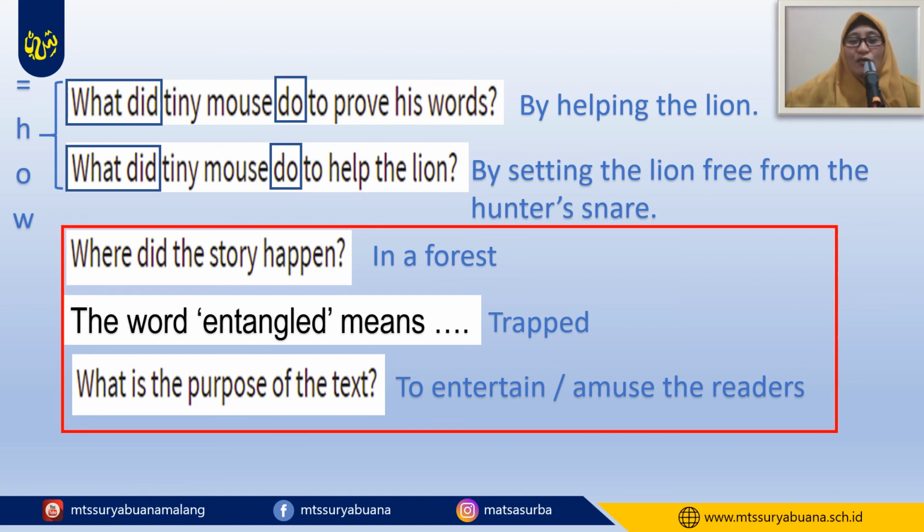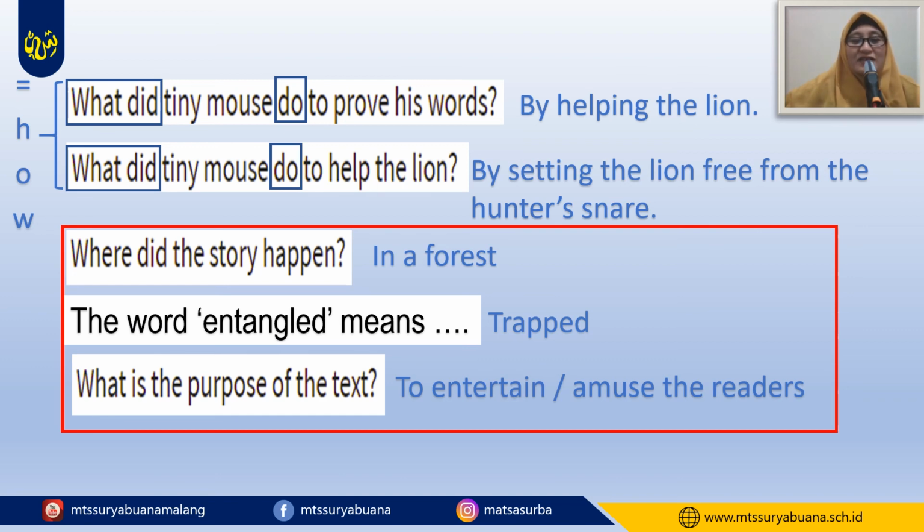Here are all the comprehension questions that usually follow a narrative text. So you may have questions about the purpose, and then the word or the vocabulary, and also the setting.